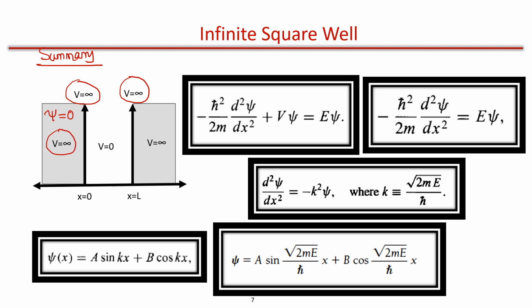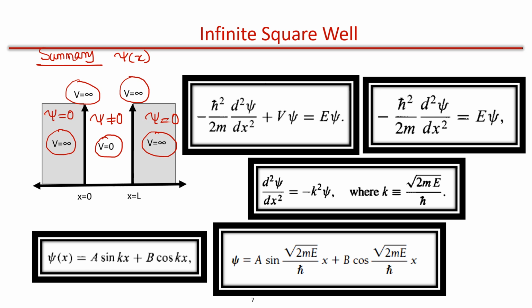For x greater than L, potential energy is infinite and wave function is equal to 0. That is, the probability of finding the particle is 0. For x in between 0 to L, potential energy is equal to 0, whereas psi is not equal to 0. Please note that here psi is a function of x, and we are discussing one-dimensional infinite square well potential.